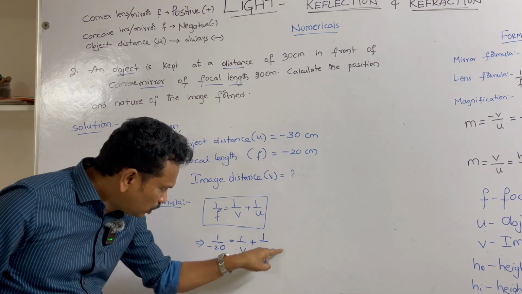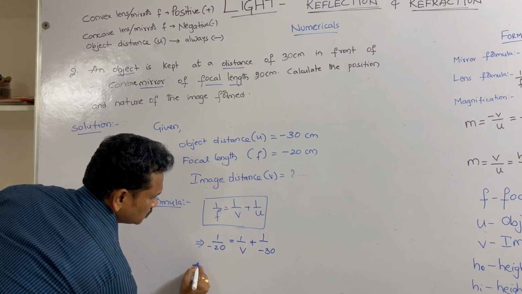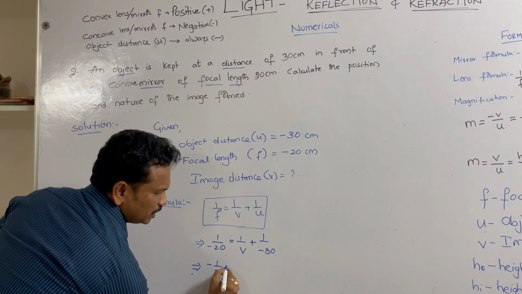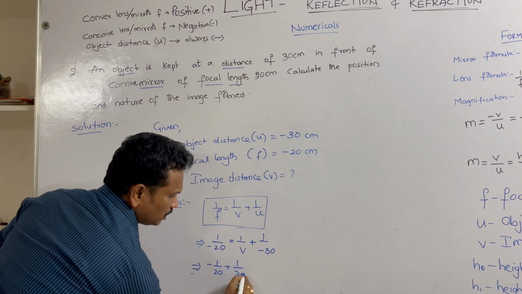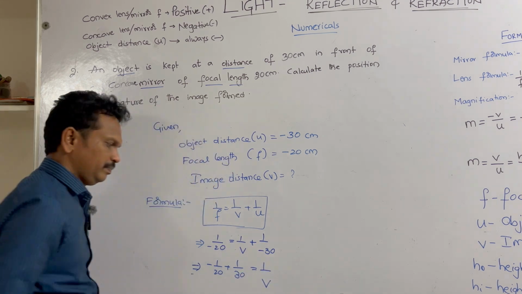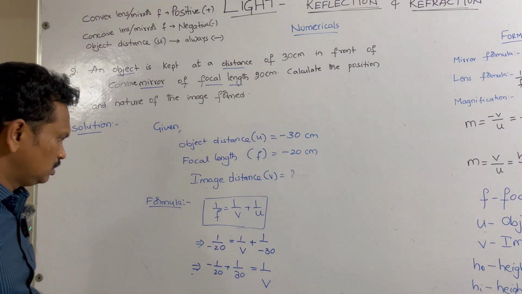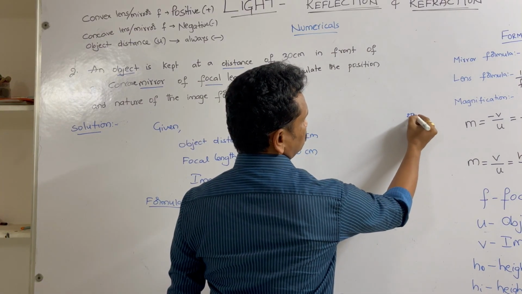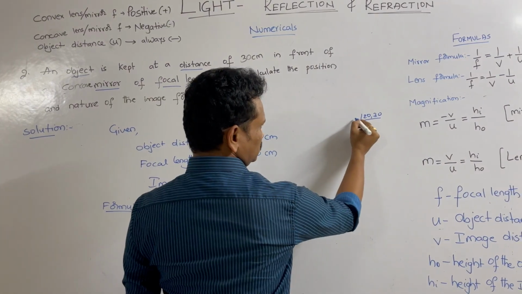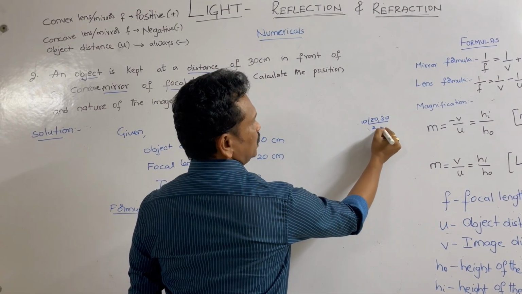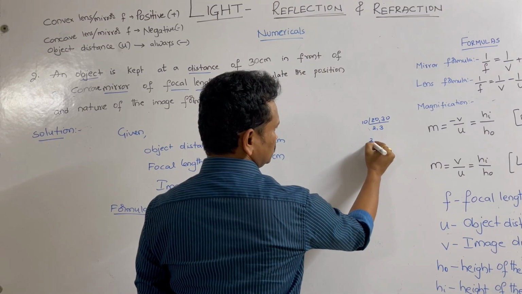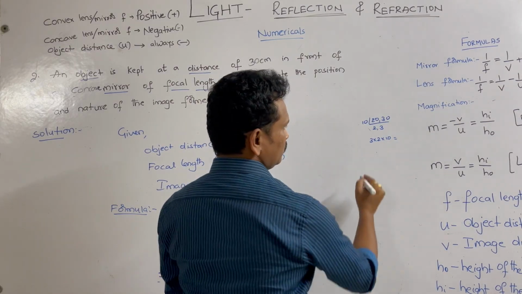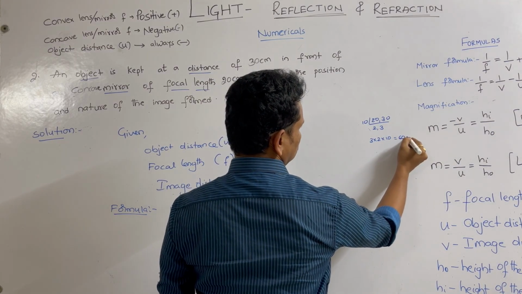Now, here 1 by minus 30 comes to the other side, then 1 by minus 20 plus 1 by 30 is equal to 1 by v. Now take LCM for 20 and 30. What is the common table in this? 10 table, 10 twos and 10 threes. Then LCM is 3 into 2 into 10, 3 twos 6, 6 into 10, 60. LCM is 60.